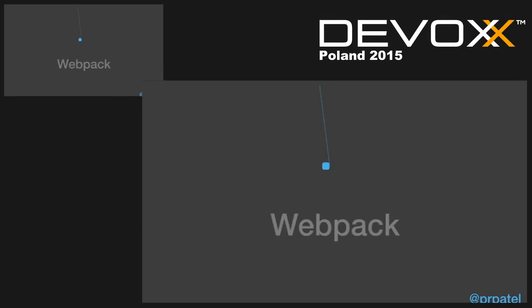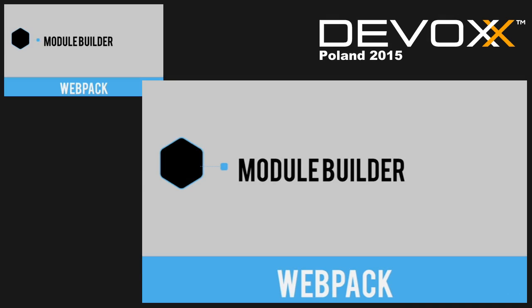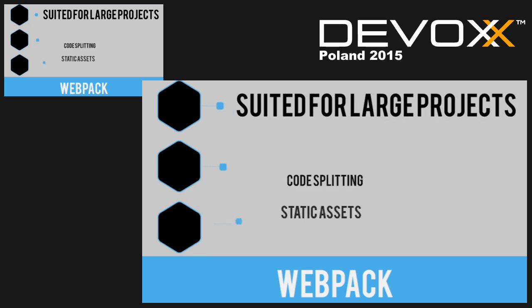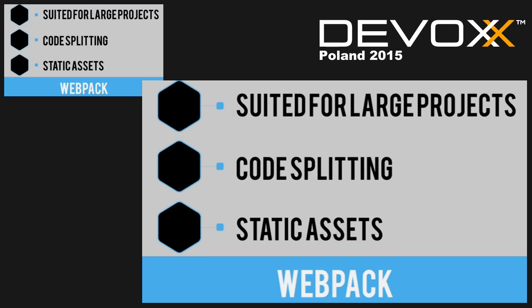So there's an excellent tool called Webpack, which is a modern tool which is essentially a module builder for your single-page web application, right? Or even just a website in general. It's a module builder that allows you to do a number of different things. It's suited for large projects. It allows you to do code splitting, which is what I talked about earlier already. And it also allows you to handle static assets.